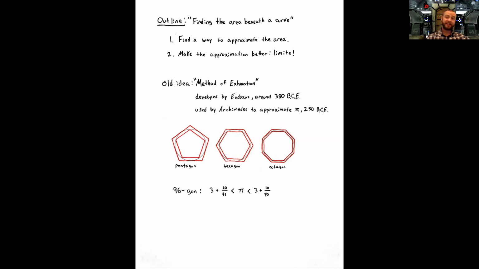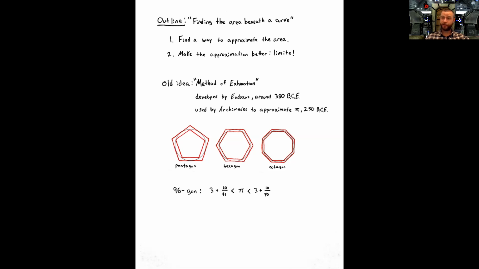He put a 96-sided polygon inside the circle and had this underestimate for the area, 3 plus 10 over 71. And he put a 96-sided polygon on the outside and got an overestimate for the area of a circle, 3 plus 10 divided by 70.